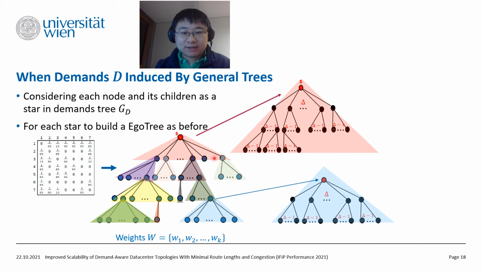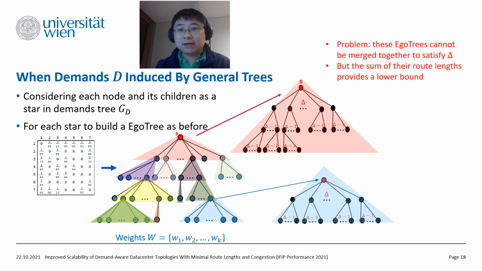Then, for each of these stars, we can still construct the Ego tree. But if we have an Ego tree for each of the nodes, we cannot merge them into a feasible solution to satisfy delta, because it already has a delta in one tree. If you merge two trees, there might be a violated delta.